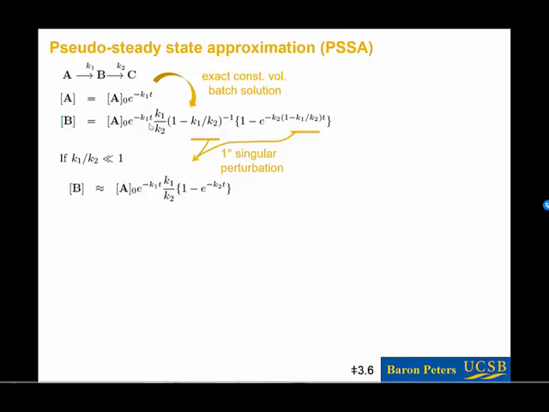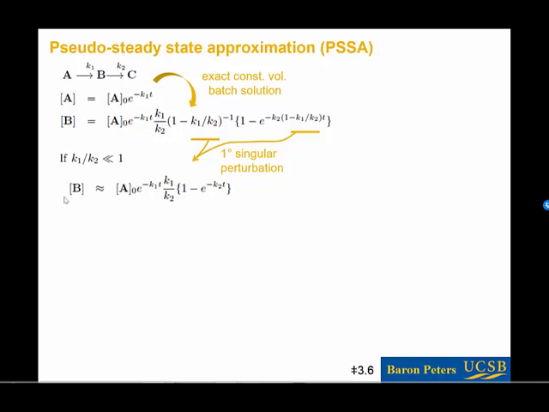Okay, so we don't want to do anything that drastic. Keep this particular occurrence of K1 over K2 and let all of the rest of them go. And that gives us this equation for the concentration of species B. And if you plot this versus the exact solution, you will see that this approximation is actually extremely accurate, at least order K1 over K2 accurate over the entire course of time.